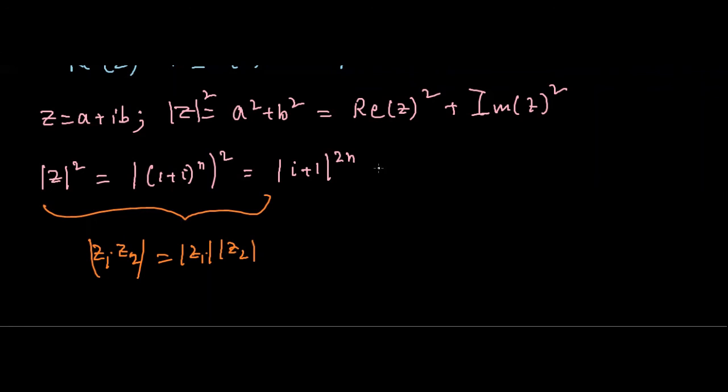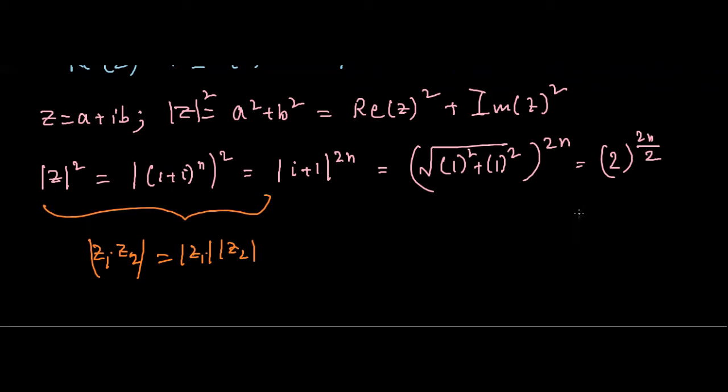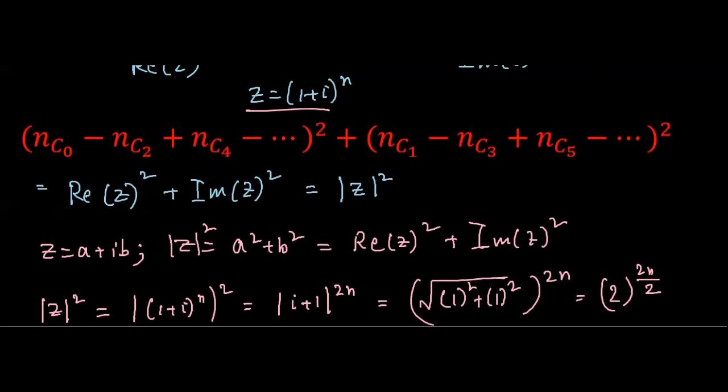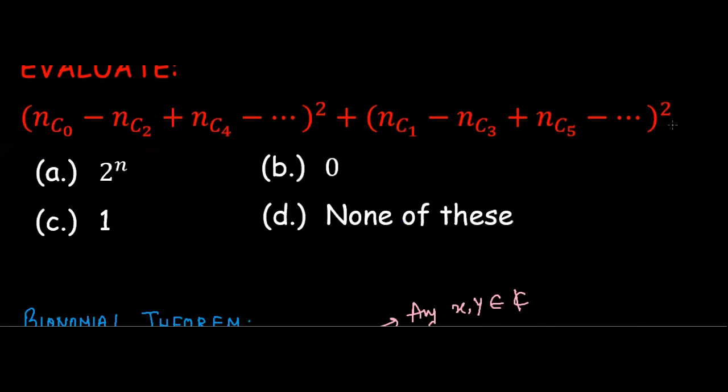Now going back to this, what is the modulus of 1 + i? This modulus is the square root of (1 squared plus 1 squared), whole to the power 2n, and this is basically 2 to the power n. So this expression over here is basically 2 to the power n, and hence the answer is 2 to the power n, and the option is A.